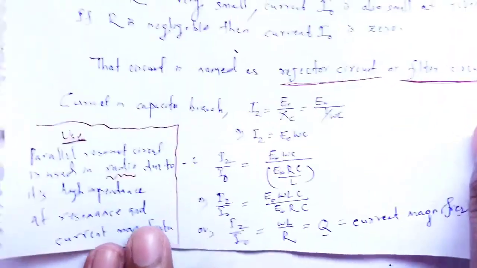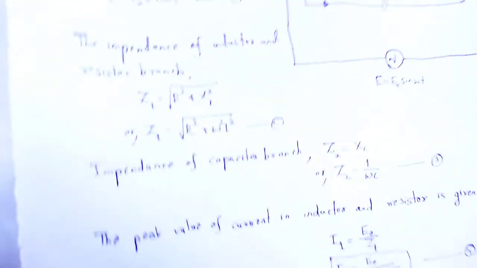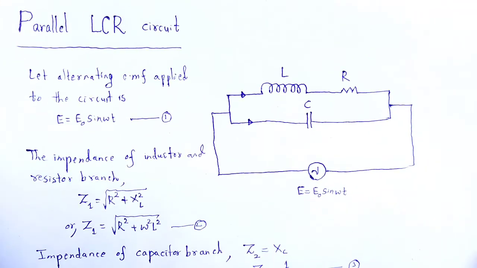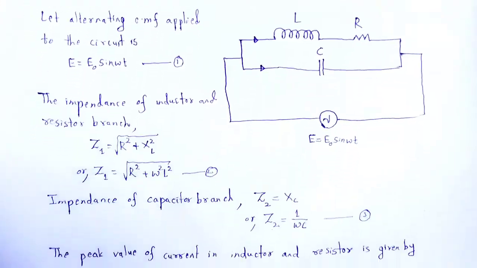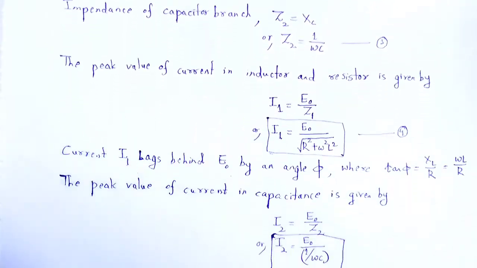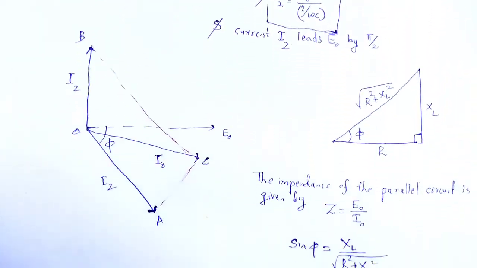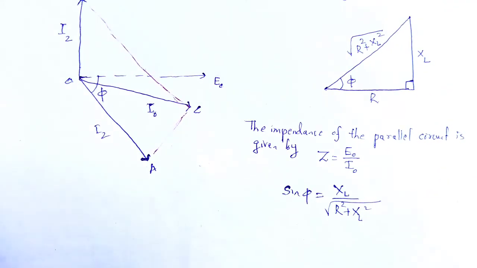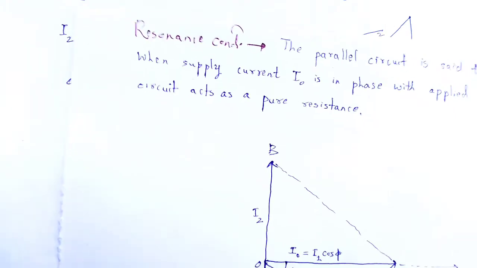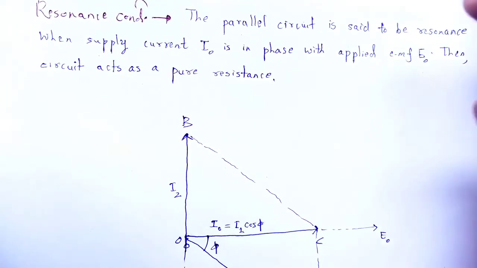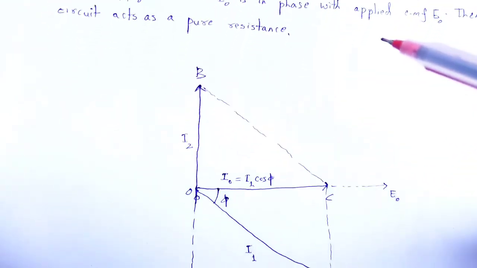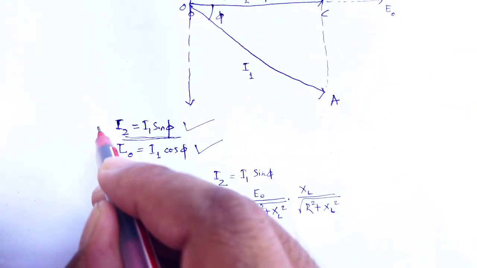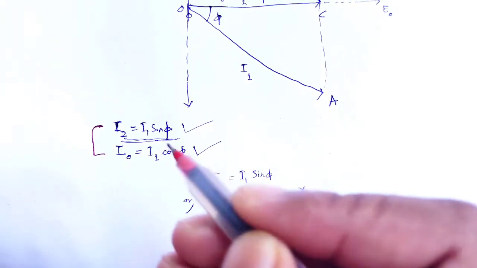Okay, so with the help of this video lecture, we understood parallel LCR circuit. This is the condition for resonance. These are the two conditions for resonance.